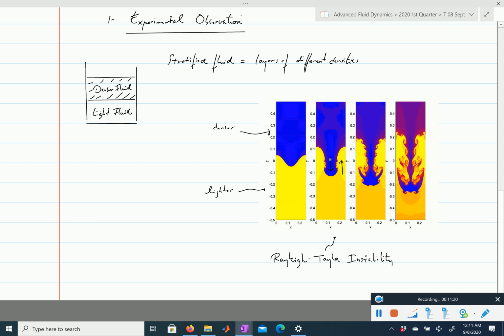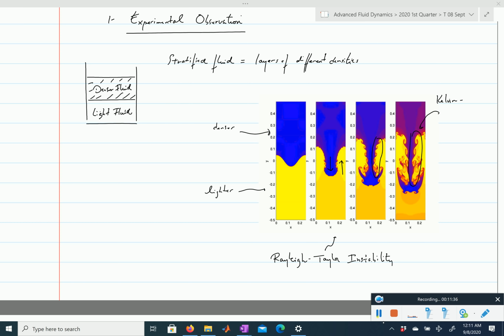And so what you have here is a shear flow, and what you see developing here, as we've seen in the previous videos, is Kelvin-Helmholtz instability. All right, so now we've made a number of experimental observations.